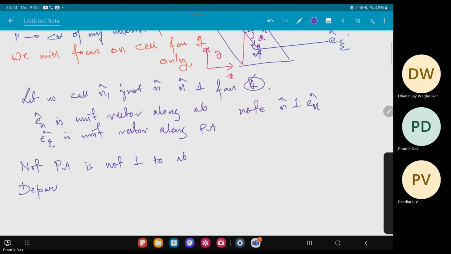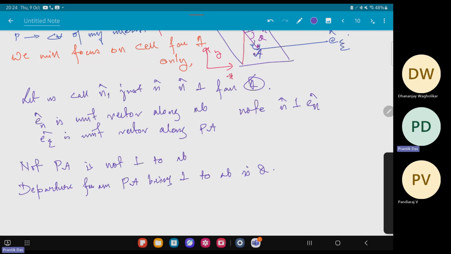Departure from EA being perpendicular to AB is theta, or the angle between PA and AB is theta. I think EA and AB, yes, the departure between them is not perpendicular.